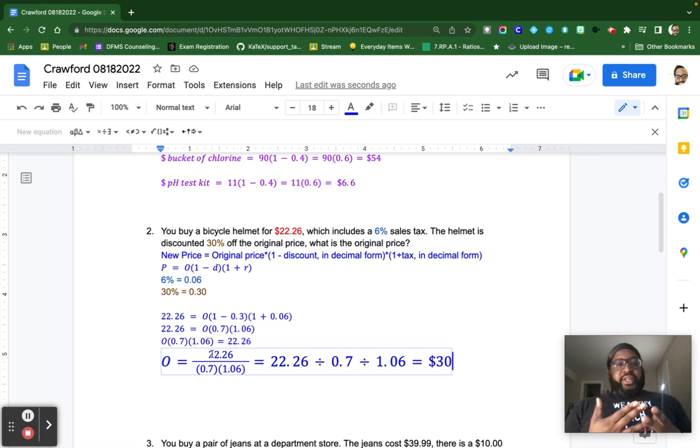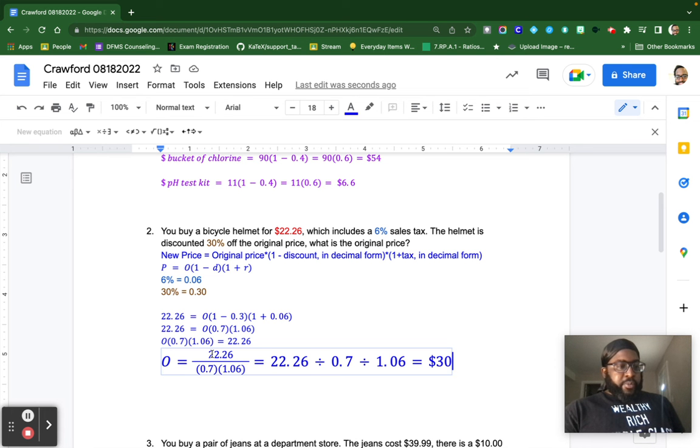And some people are different in their mathematics. If you wanted to, what you could have done was have 0.7 times 1.06. You could have also done that, but I'll calculate that because I don't know it by heart.